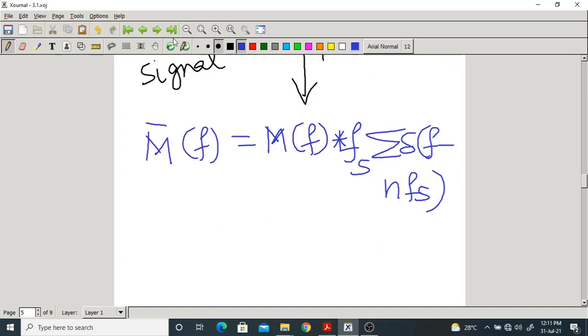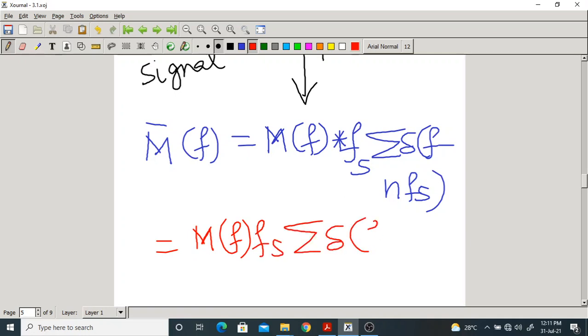Now I am getting into the frequency domain. Now this is equal to m of f convolved with fs summation delta of f minus nfs.